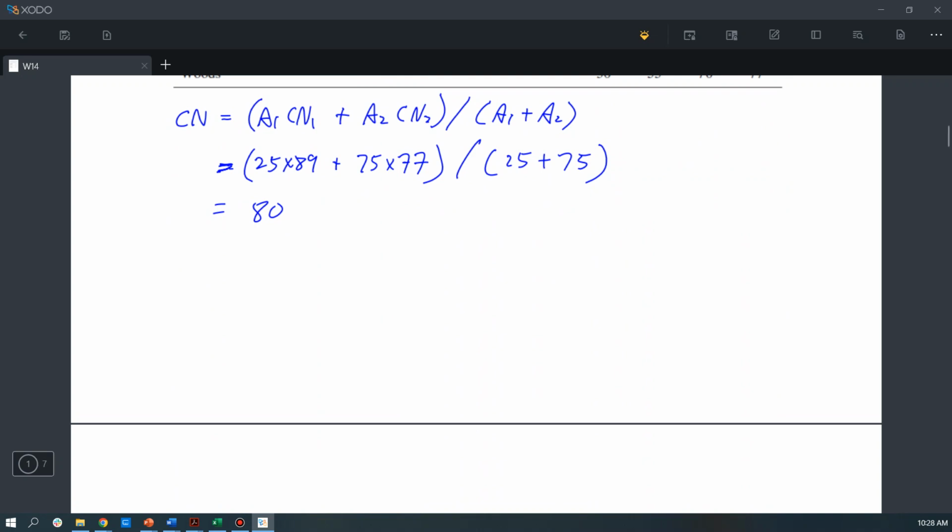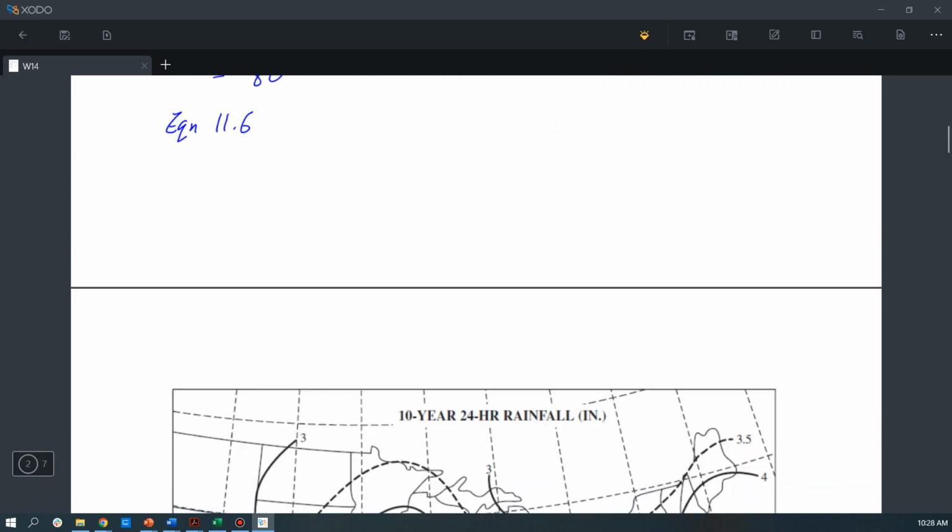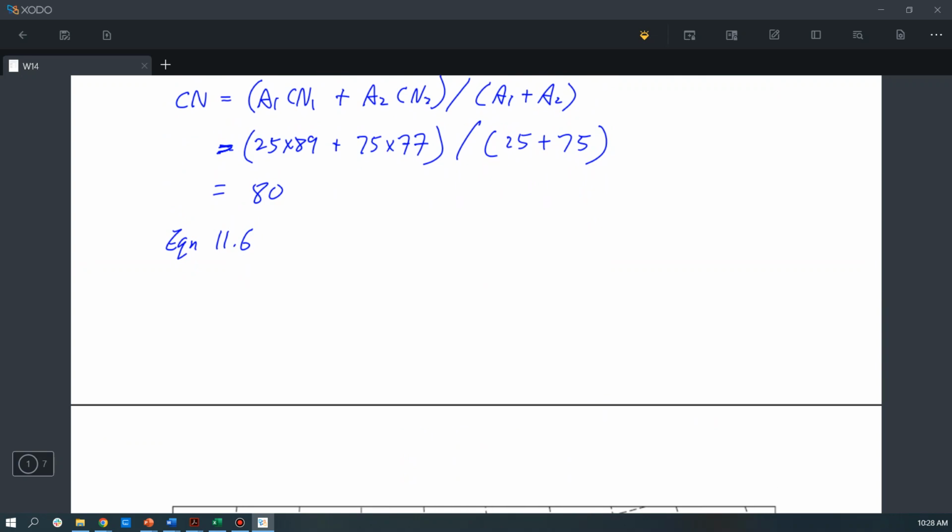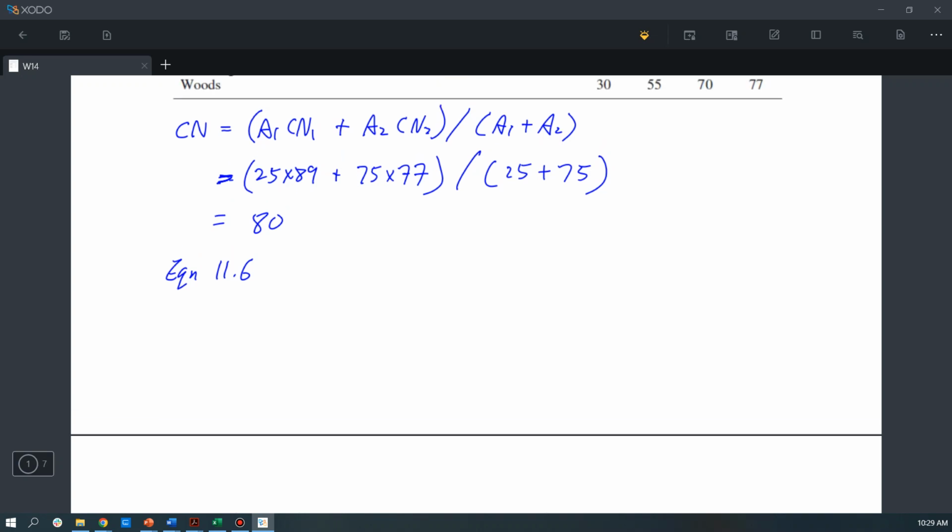Let's use equation 11.6, where S, the soil moisture storage deficit at the time runoff begins, is equal to 1000 minus 10 times CN, divided by CN.